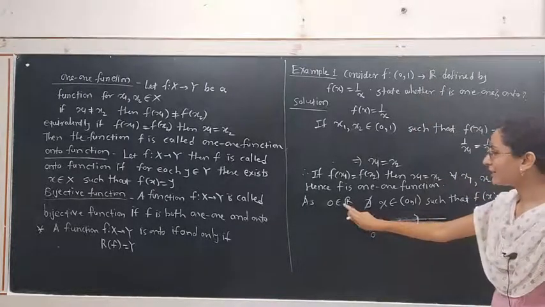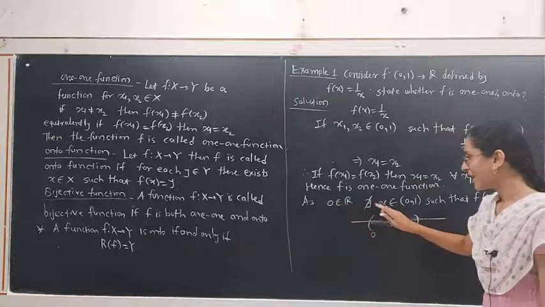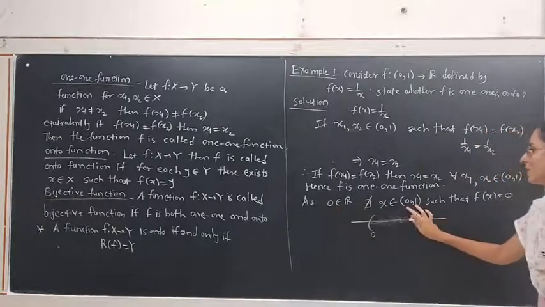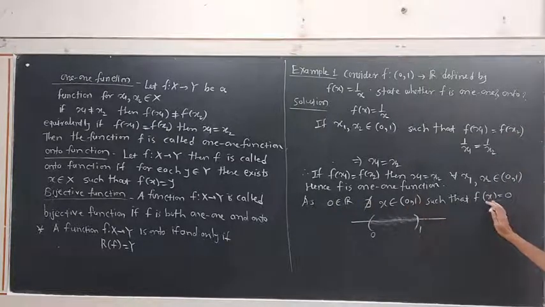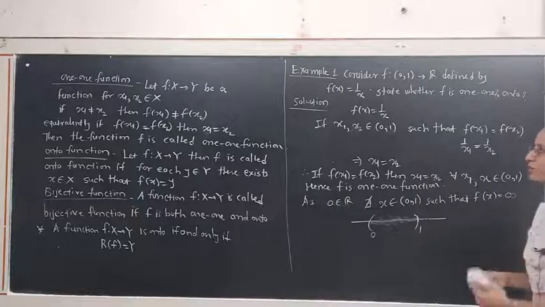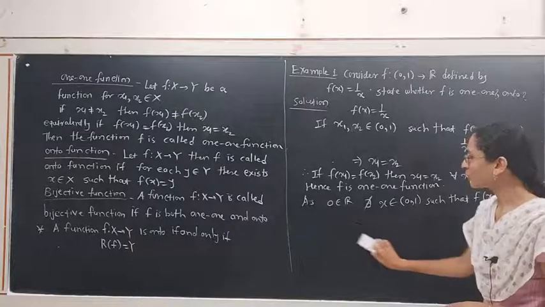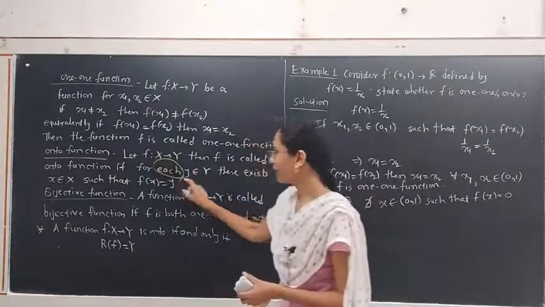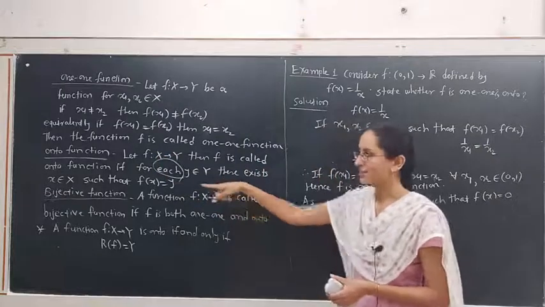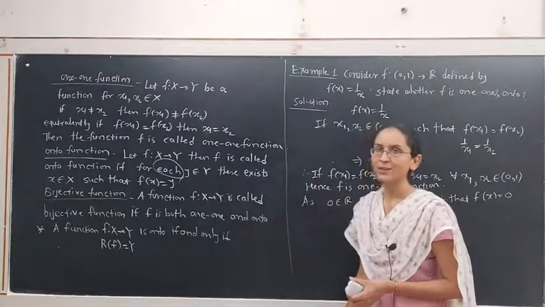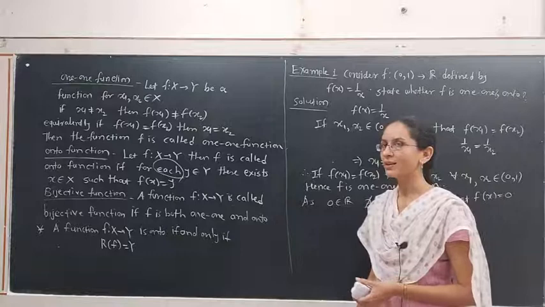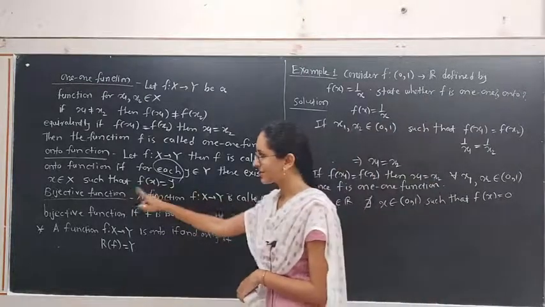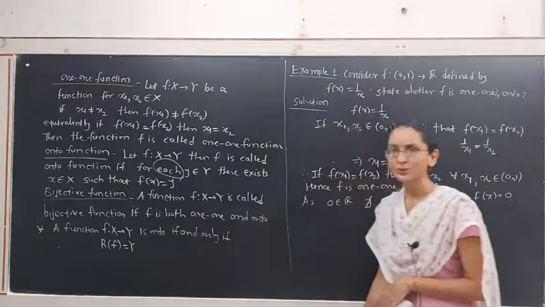Hence, for that element, there does not exist a pre-image of this element 0 in open interval (0, 1) such that f of x is equal to 0. Therefore, this function is not onto function. What is the definition of onto? For each y belongs to Y, there exists x belongs to X such that f of x is equal to y, but we get one element 0 belongs to R for which there does not exist x such that f of x is equal to 0.